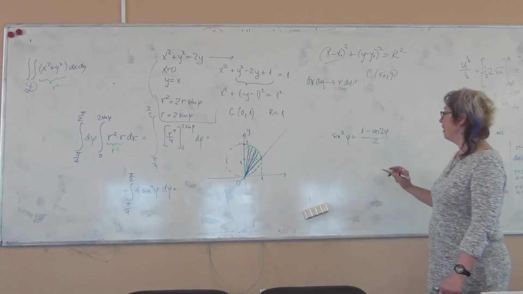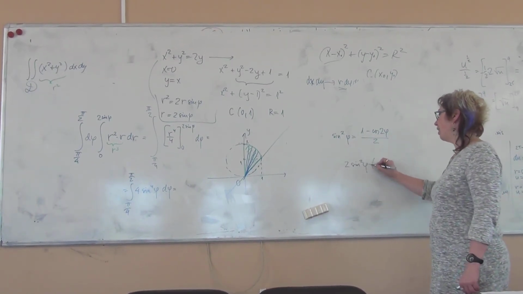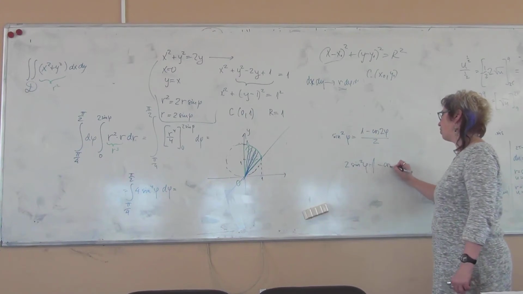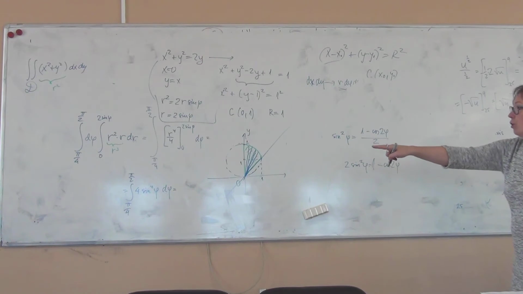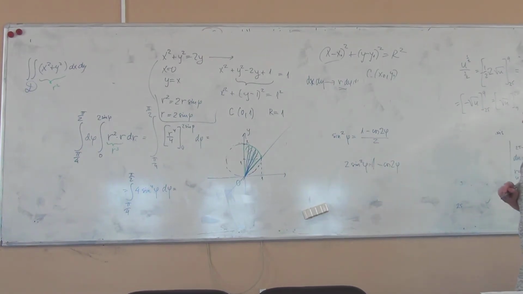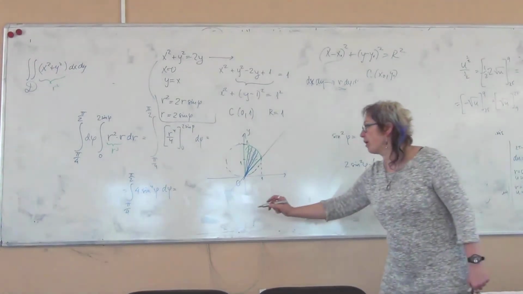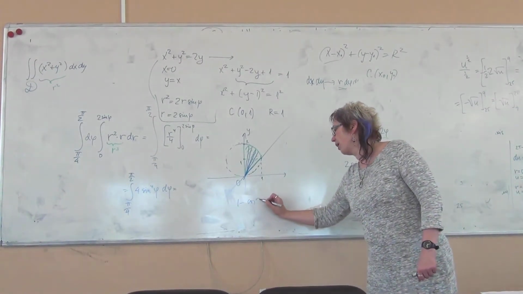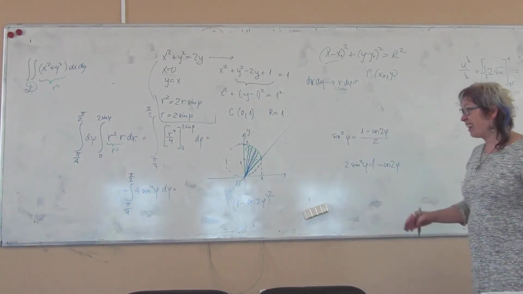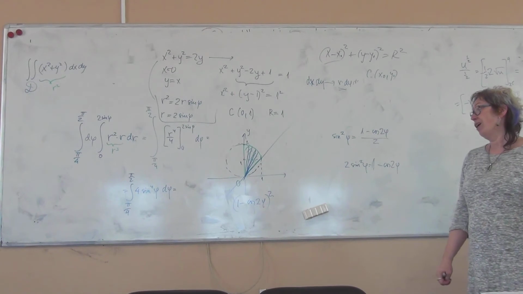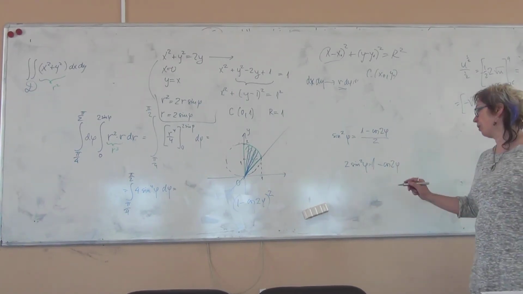So sine squared phi equals 1 minus cosine 2 phi over 2. And because I have sine to the 4th, this becomes 1 minus cosine 2 phi, squared. And then I have to open the brackets and do it once again.